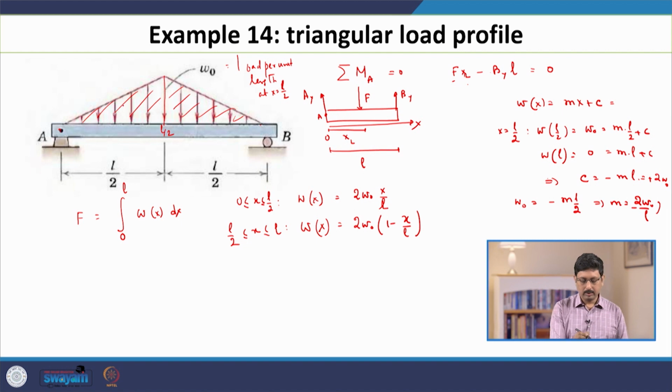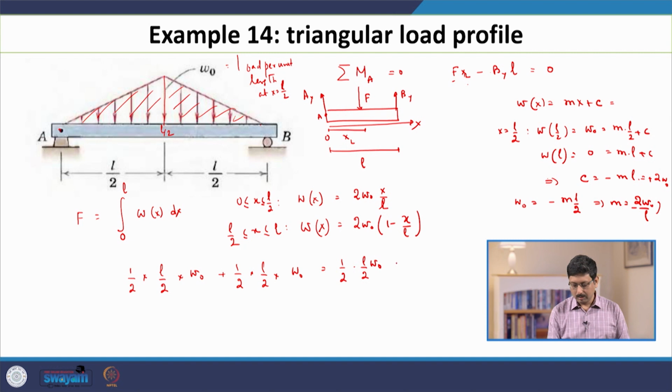The triangle on the left has an area which is half times the base, which is L by 2, times the height, which is W naught. The triangle on the right has an area half into base, again L by 2, into height W naught. So, I get half into L by 2 times W naught. So, this must be the total force.